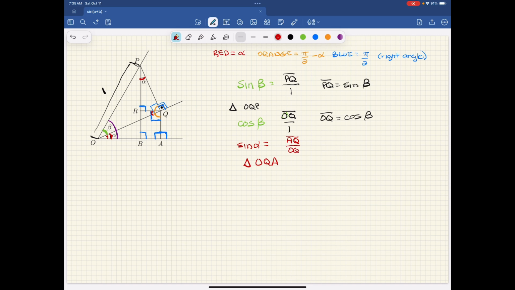But we know the length of OQ. We know that the length of OQ is the cosine of beta. So the sine of alpha is the length of AQ over cosine beta, which means that sine alpha cosine beta equals the length of AQ.